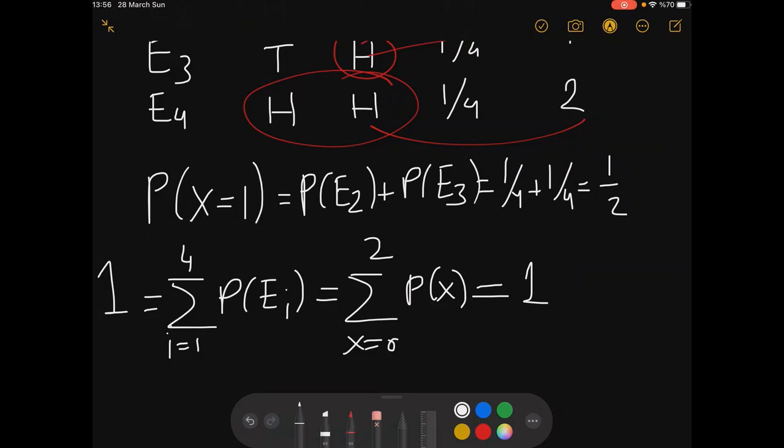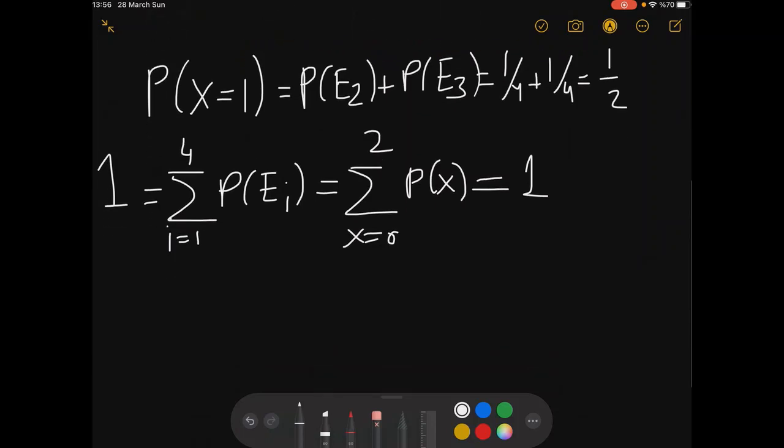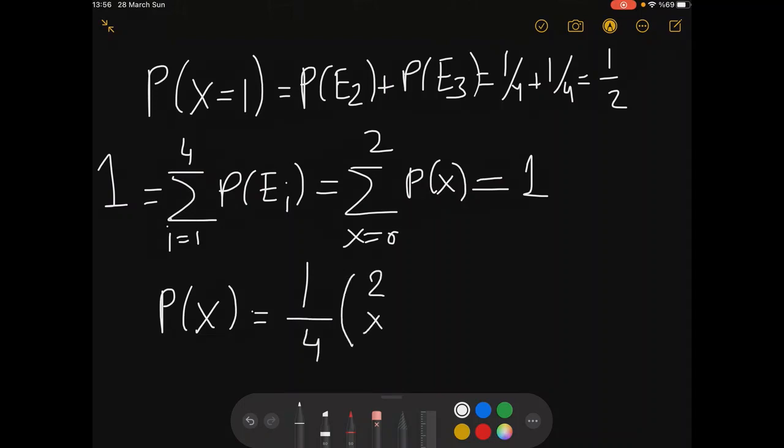from the table. As you see now, p(x) is just a function of x, in fact, and you can also extract this probability function here, like it is 1/4 times the combination of 2 and x, where your x can take values 0, 1, and 2.